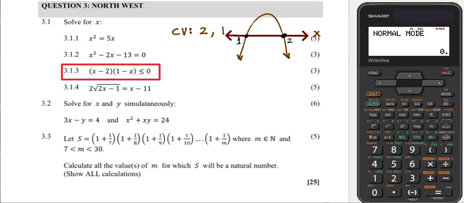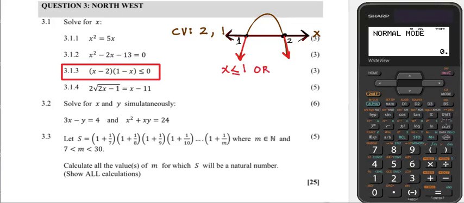It means below. Your solution will be where the red lines are below that. So I'm pointing towards the right and towards the left. The first answer, if I take this one, has to be x is less than 1, but since there is an equal sign, I include it.